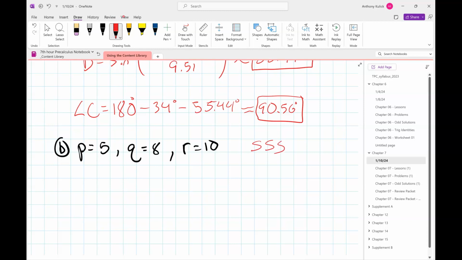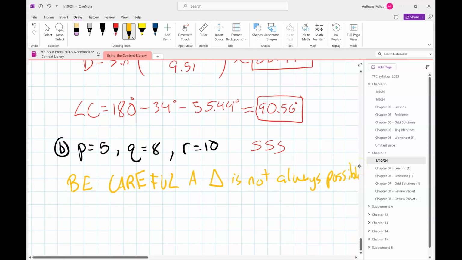In the side, side, side situation, we must be careful. A triangle is not always possible.